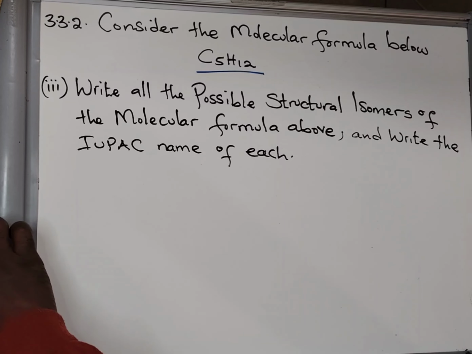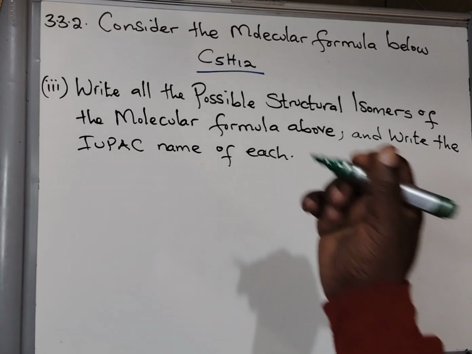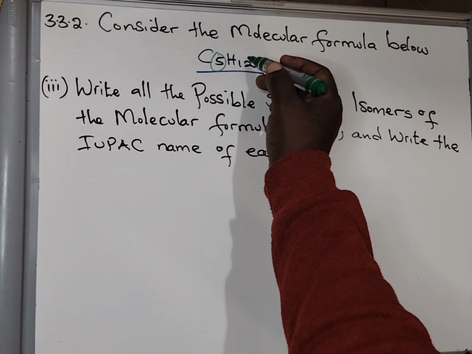So comes this question. It says, write all the possible structural isomers of the molecular formula above and write the IUPAC name of each. Okay, how do you go about this one? Let us try and construct. It has 5 carbon atoms.